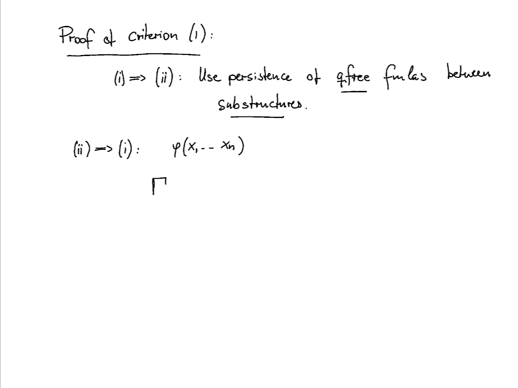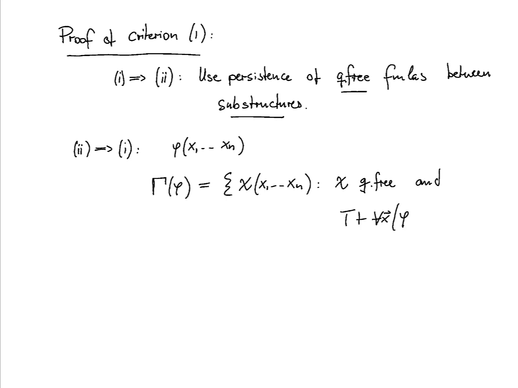So let gamma of phi be the set of all formulas chi of x1 up to xn, so that chi is quantifier-free, and T proves that for all x, phi of x implies chi of x.